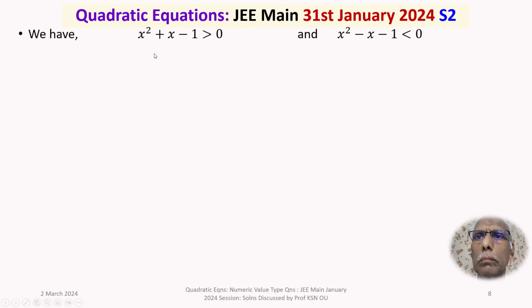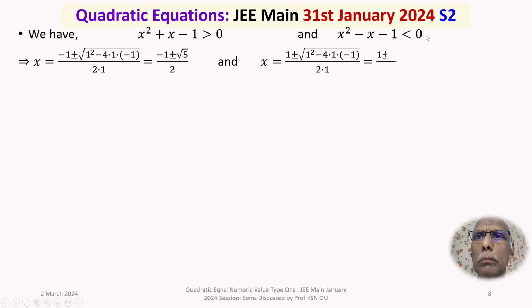So that is x square plus x minus 1 greater than 0 and x square minus x minus 1 less than 0. Now let's take the equation x square plus x minus 1 is equal to 0. It's a quadratic equation, ax square plus bx plus c is equal to 0. Solve for x. x is equal to minus b plus or minus under the square root of b square minus 4ac by 2a.